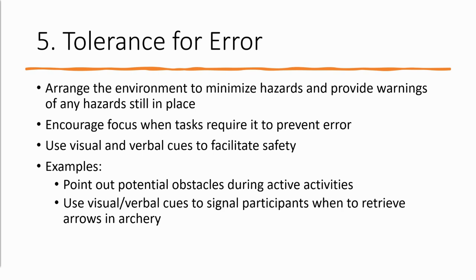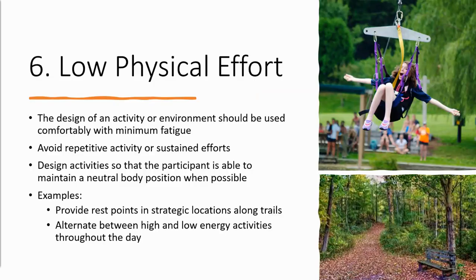So this example could be when a child is on a ropes course, making sure you're pointing out potential obstacles, and you're doing that with all the children so that they're more aware of it and their safety is maintained, and using visual verbal cues to signal participants when to retrieve arrows in archery, because some children may not, with just a verbal cue, register that it's time, and so using a visual cue as well will further prevent any accidents and facilitate safety.